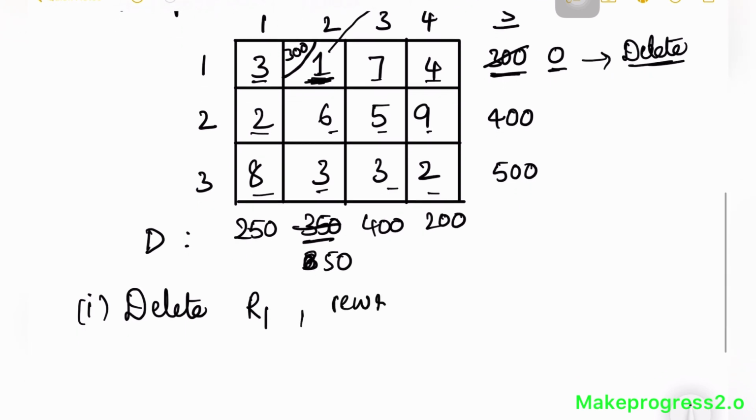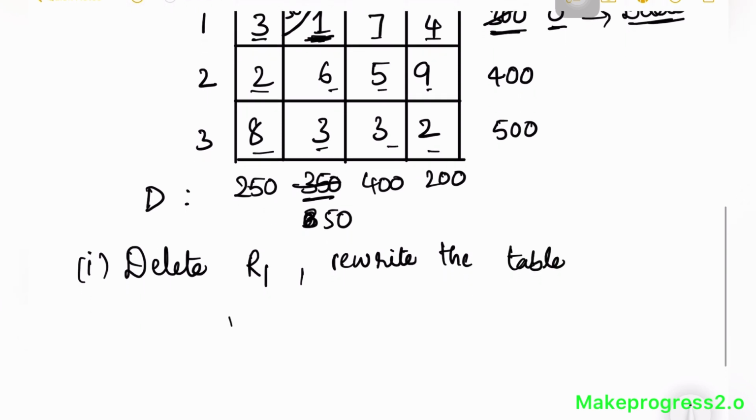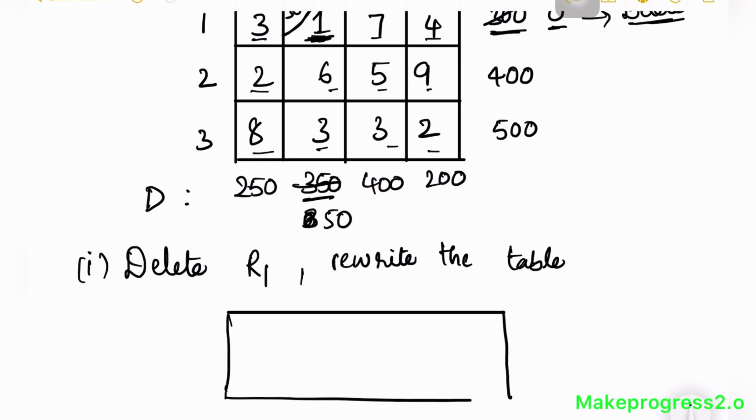If we rewrite the table again, you will have only 2 rows, the second row and the third row, and you will have the same 4 columns.